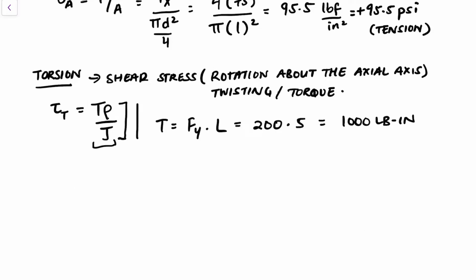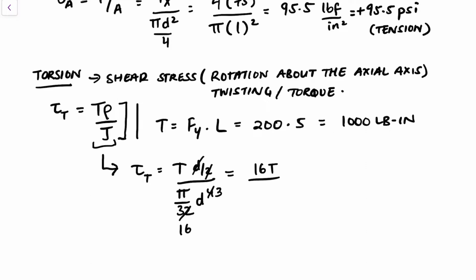So what I'm going to do is simplify this and substitute for rho, d over 2, which is the radius, so the diameter over 2, and the polar moment of inertia for a rod is pi over 32 d to the fourth. And simplifying that, the d cancels from the top, bringing this to the third power, and then the 2 would convert this to a 16, and simplifying that will give me 16T over pi d cubed.